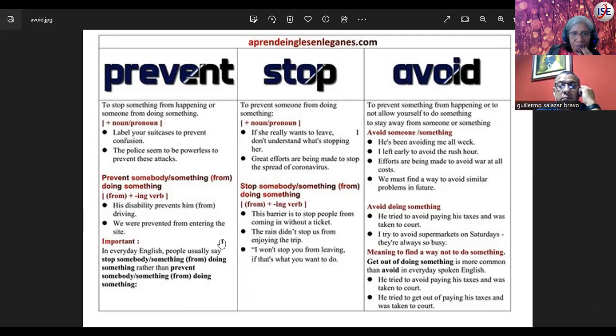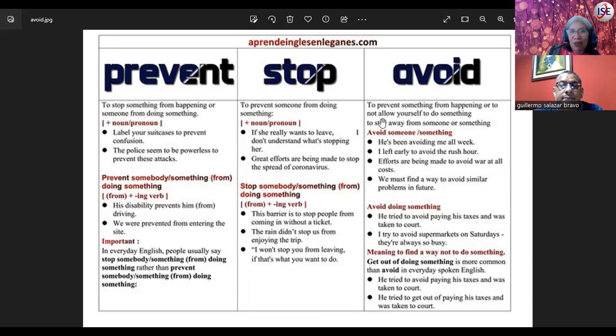Nos advirtieron. In everyday English, people usually say stop somebody, stop something from doing something rather than prevent. That's why here we have stop. Okay, this barrier is to stop people. The rain didn't stop. I won't stop you from living. Prevent, stop something. Avoid, prevent something.